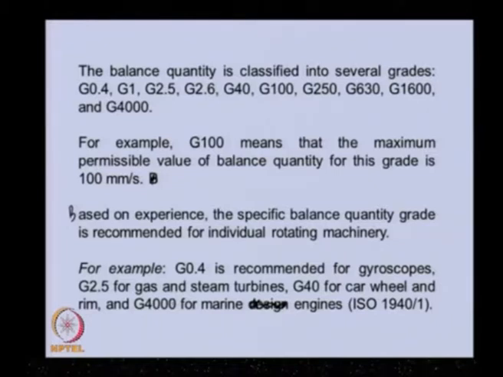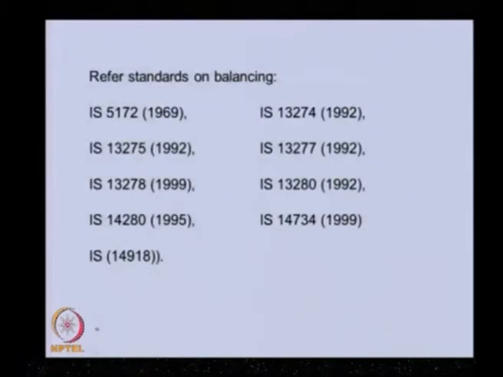We can refer to various standards; this is one of them. Apart from that, these are the various standards available for balancing, which have been updated over a period of time also.